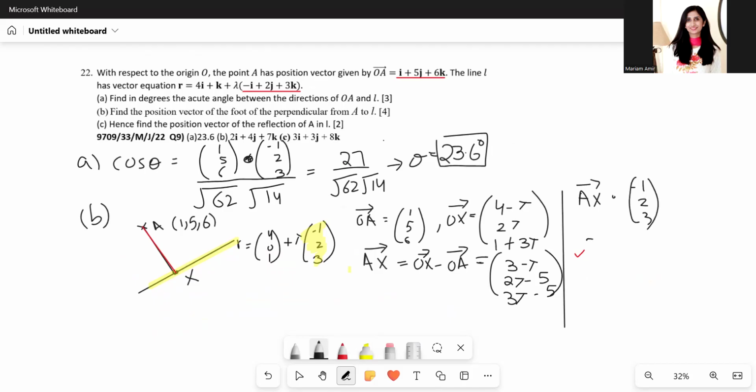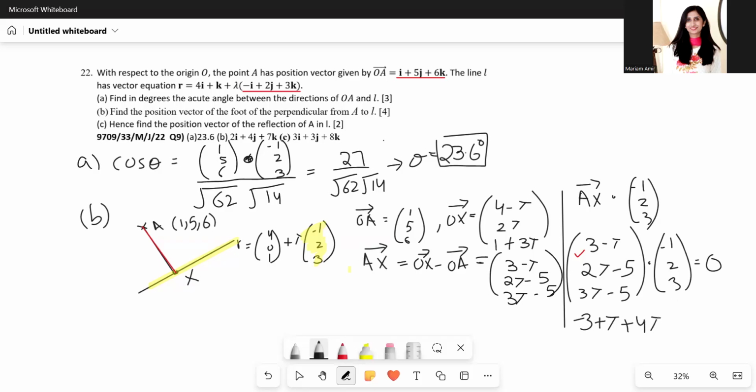So it's going to be (3 minus lambda, 2 lambda minus 5, and 3 lambda minus 5) dot (negative 1, 2, 3) equals 0. Now we multiply these. Negative 1 times 3 minus lambda would be minus 3 plus lambda, plus 4 lambda minus 10, plus 9 lambda minus 15 equals 0. Solve this completely and you should get lambda equals 2.